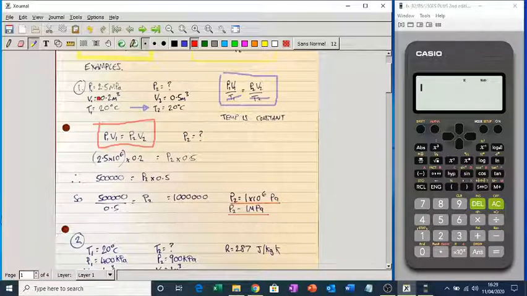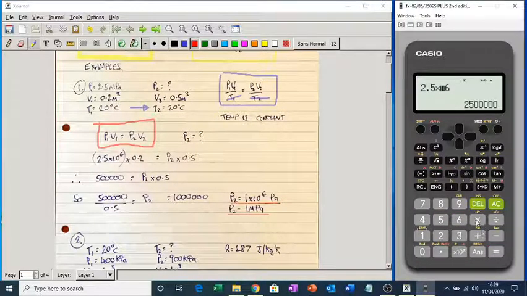Look, P1 is 2.5, V1 is 0.2, V2 is 0.5, so 2.5 times 10 to the 6 times 0.2 gives me that.